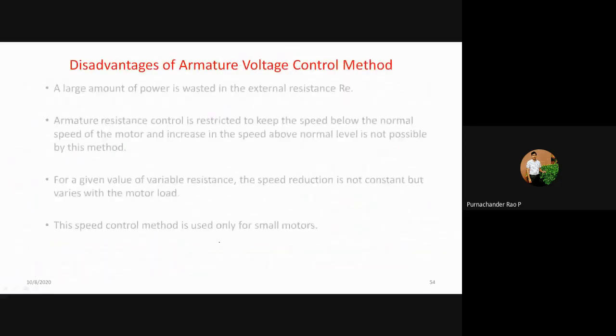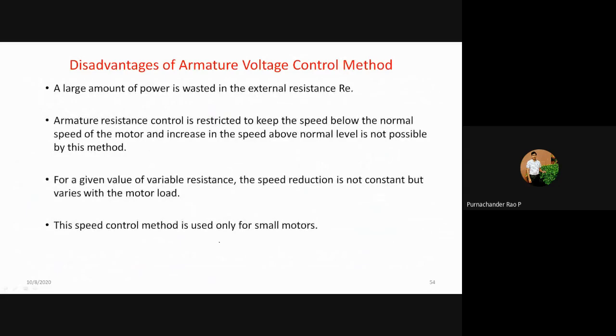So the main disadvantages of this armature voltage control method are, first, a large amount of power is wasted in the external resistance because we are adding a resistance in the armature circuit. And the armature resistance control is restricted to below the rated or normal speed only. You cannot control the speed above the rated value.